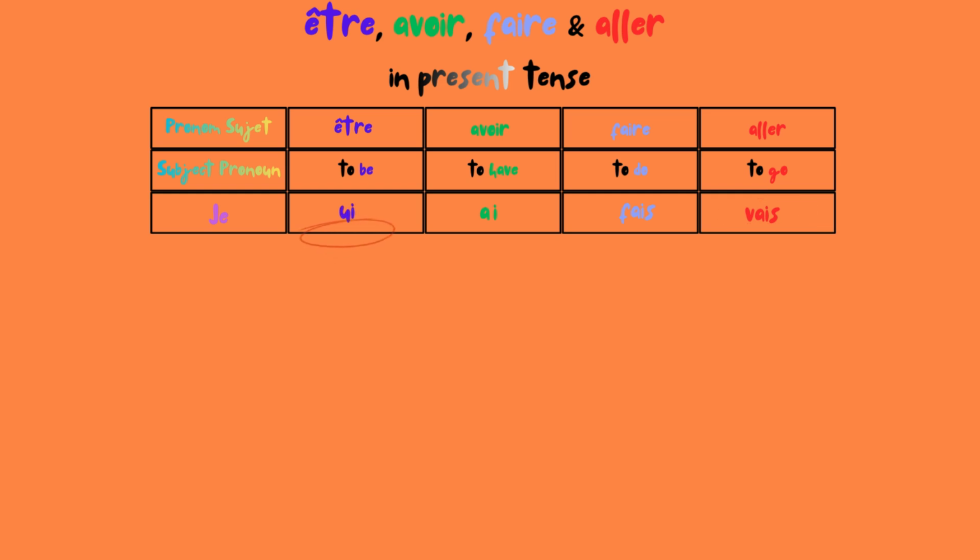Let's move to the cell under to be, the first cell, immediately after je. What do we have there? U, I. Well, as far as the last letter goes, the very same here too. That is, let's add an S as the last letter. Now, what do we have there? U, I, S. So what's the first letter?